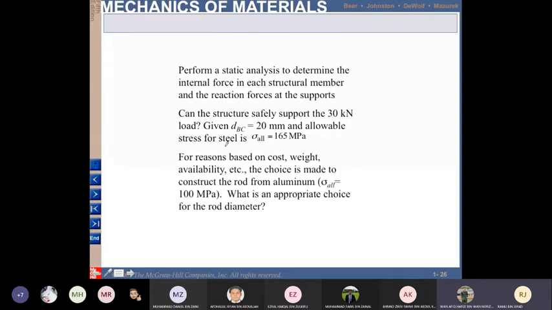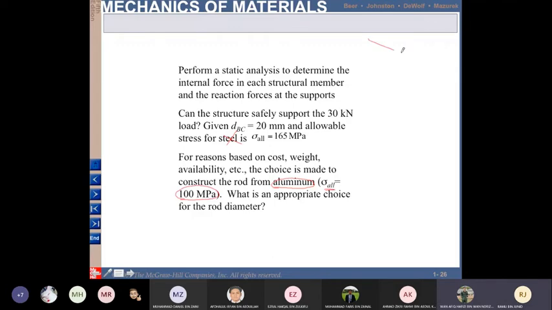To change, we don't want to use steel because steel is expensive and heavy. I mean, the weight is quite high, so they want to change with aluminium. However, the aluminium allowable stress is lower than steel, which is only 100 MPa.